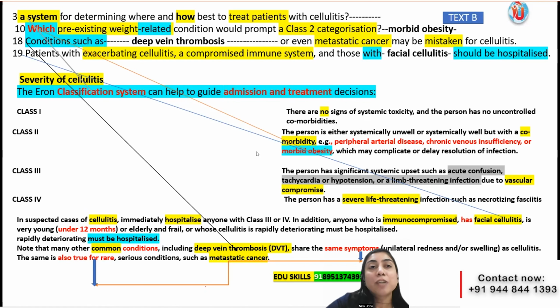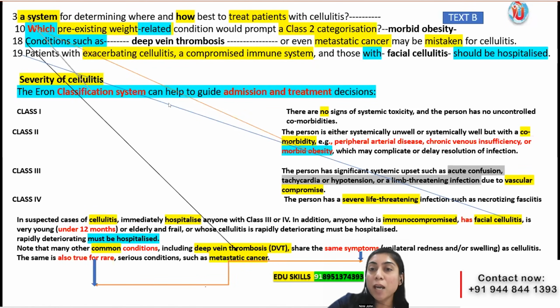Okay, then the 90th one: patients with exacerbating cellulitis, a compromised immune system, and those with dash should be hospitalized. Everyone got the answer? Here, rapidly deteriorating. In a suspected case of cellulitis, immediately hospitalize anyone with class 3 or 4.